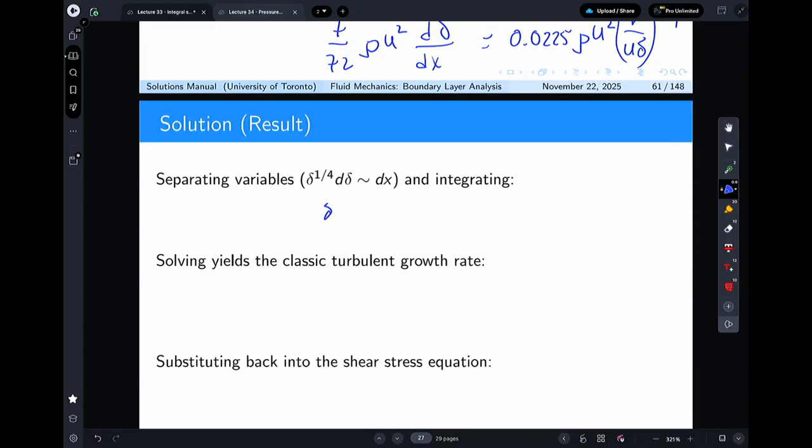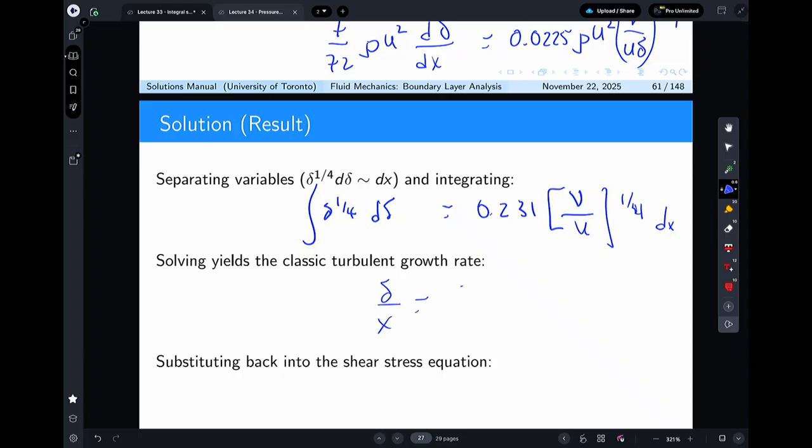Separating out the variables, delta to the 1/4 d delta equals 0.231 nu over u to the 1/4, dx. You end up with delta over x, which is equal to 0.37 over Reynolds number based on x to the 1/5.